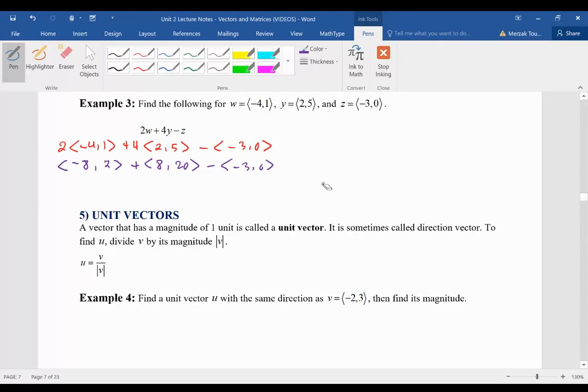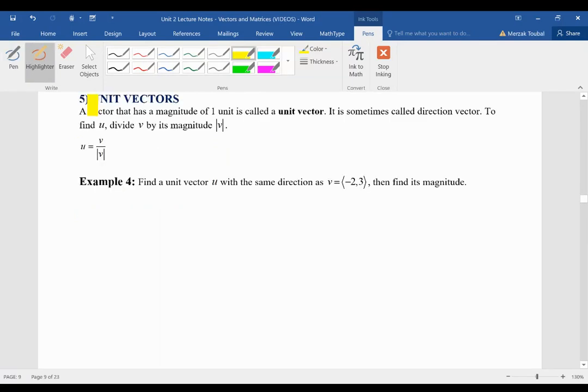So now we have to add negative 8 plus 8, that's 0, minus 3, that's plus 3, so we got positive 3 so far. I'm going to repeat, negative 8 plus 8, that's 0, minus 3, that's plus 3. Good. 2 plus 20, 22. 22 minus 0, still 22. Good. So that's the resulting vector by adding these 3 vectors.